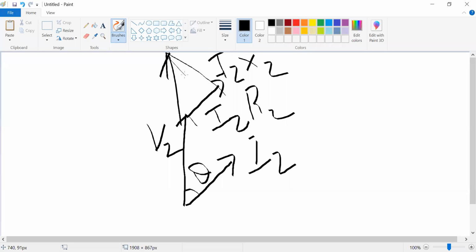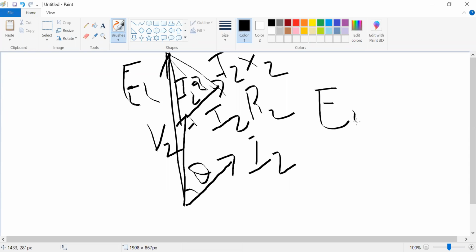This is I2 Z2, and this is the E2 value. So E2 equals V2 plus I2 Z2. This is the phasor diagram at the lagging power factor.